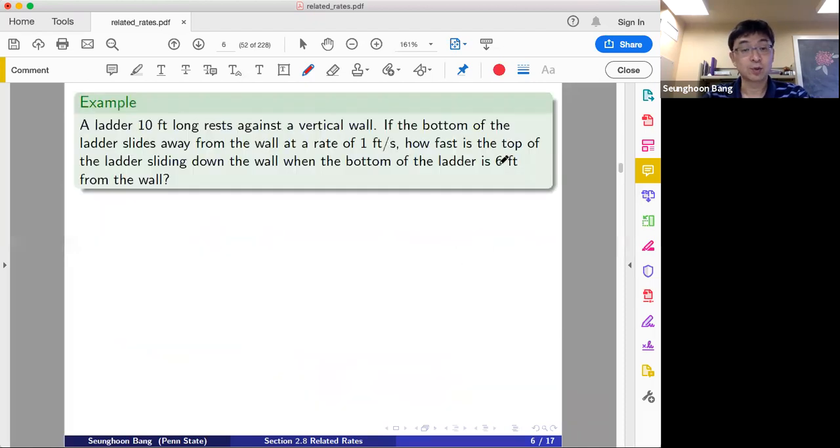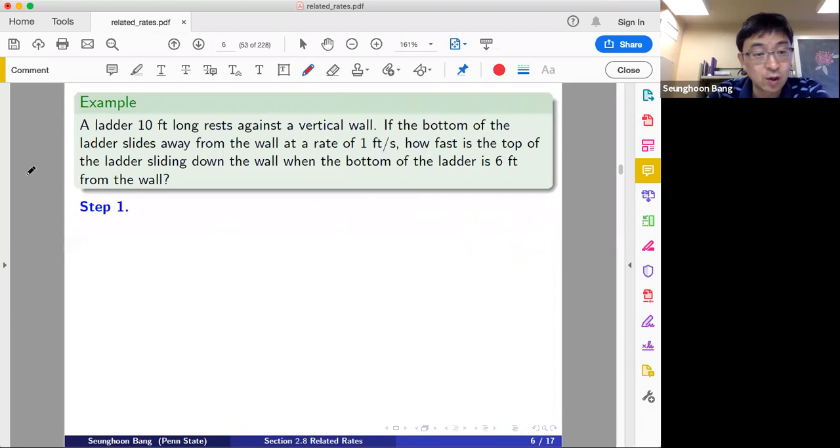I'll give more examples. A ladder 10 feet long rests against a vertical wall. If the bottom of the ladder slides away from the wall at a rate of 1 foot per second, how fast is the top of the ladder sliding down the wall when the bottom of the ladder is 6 feet from the wall?